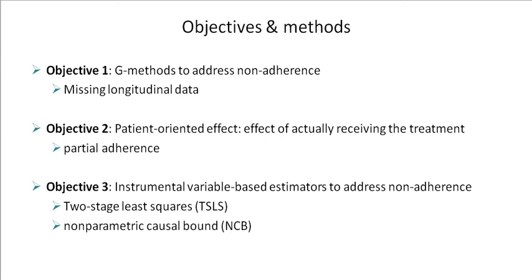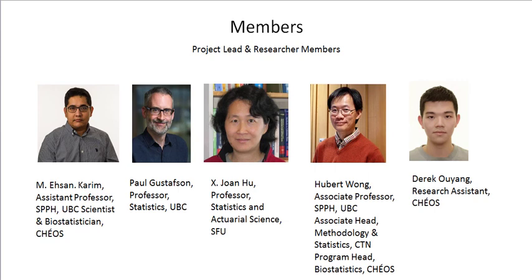For this project, I, Dr. Karim, am acting as the project lead. Other members include Professor Gustafson, professor at the Statistics Department at UBC, and Professor Hu, a professor at Simon Fraser University in the Statistics and Actuarial Science Department.